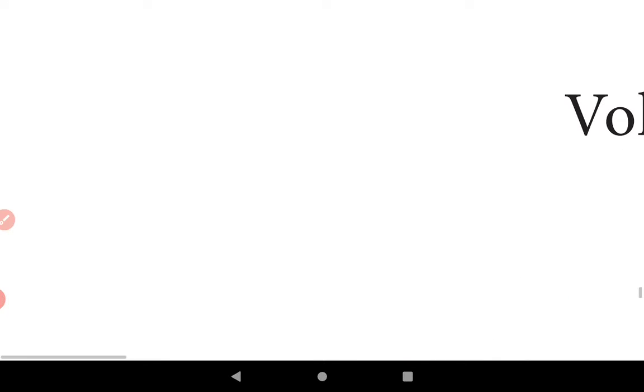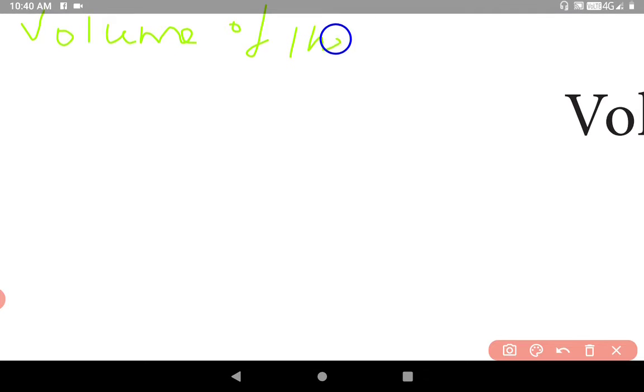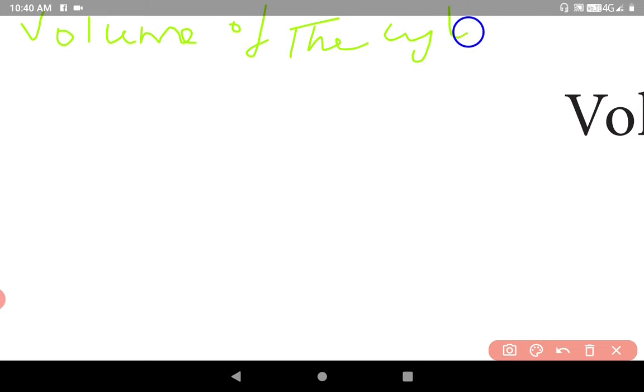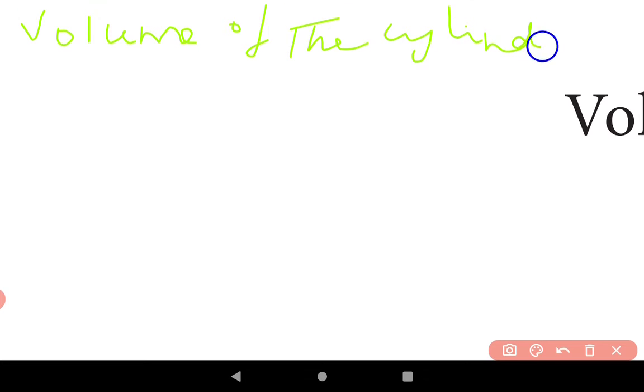Again, volume of the cylinder B is equal to pi r squared h.